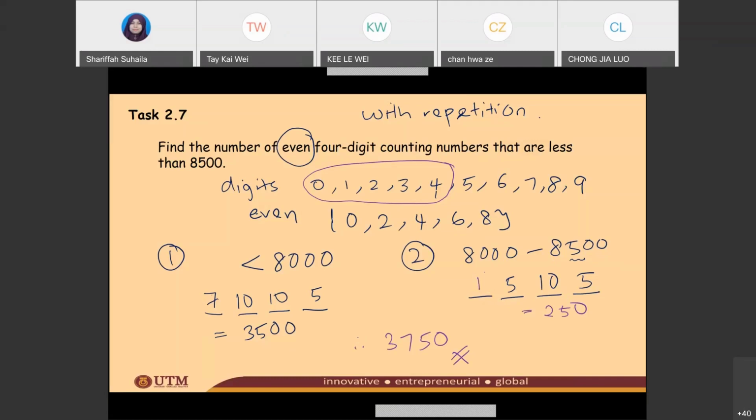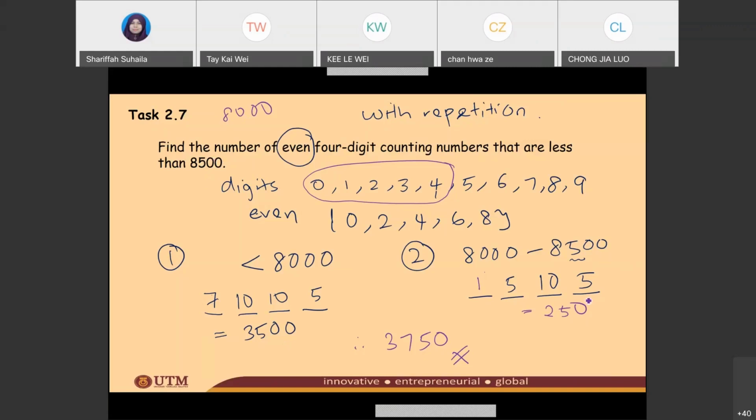So when the question is in this form, for even 4-digit counting numbers, maybe in a test question we can change it to odd instead, depending on the case. If we only had less than 8,000, your answer would be 3,500. But since you have 8,500, first you find less than 8,000. Second, you find between 8,000 and 8,500.